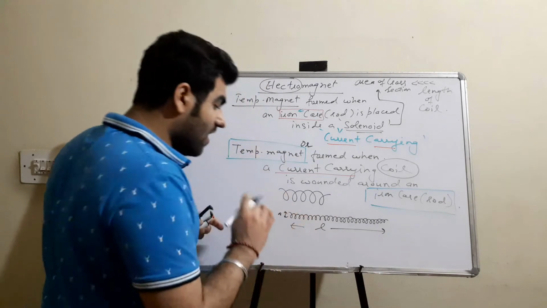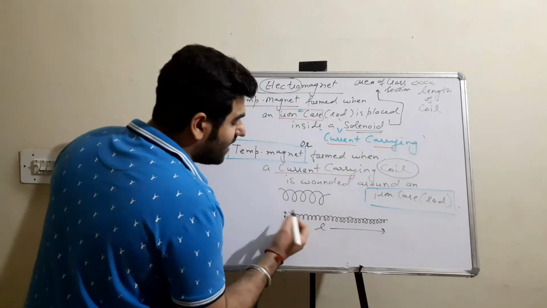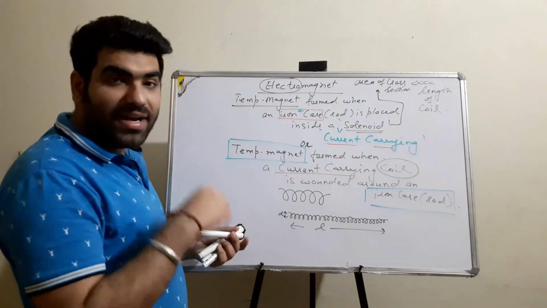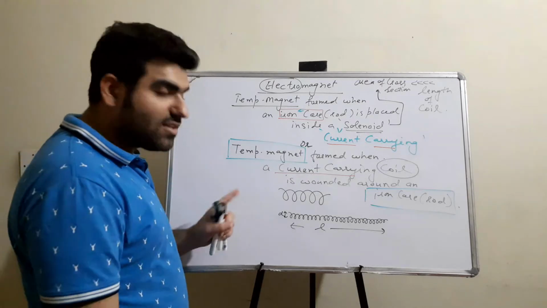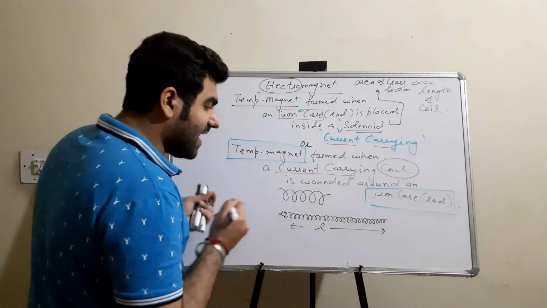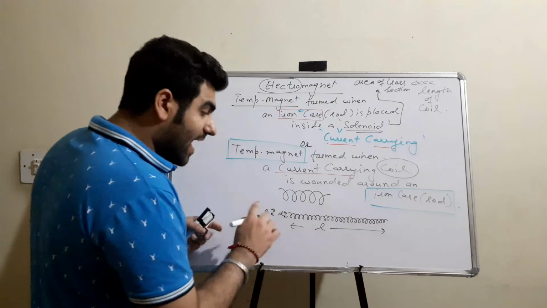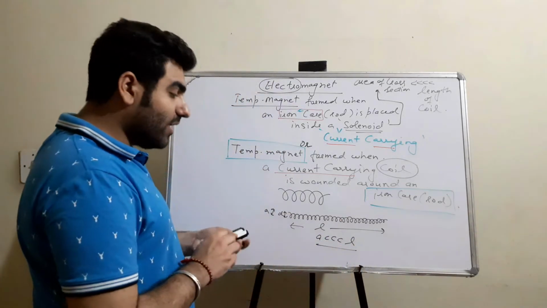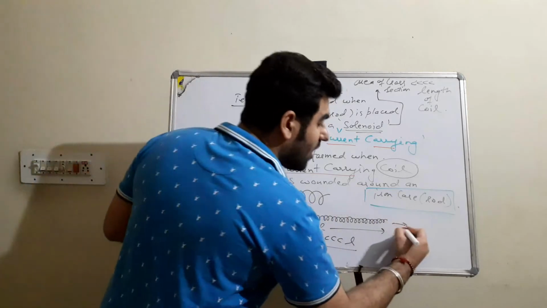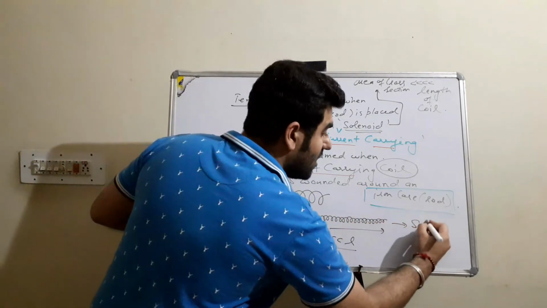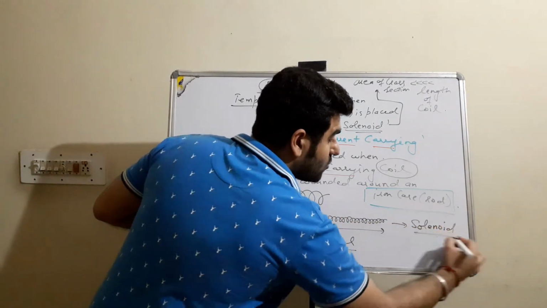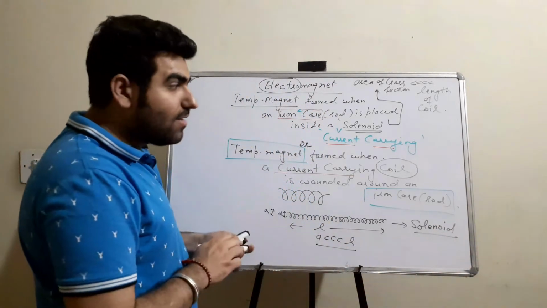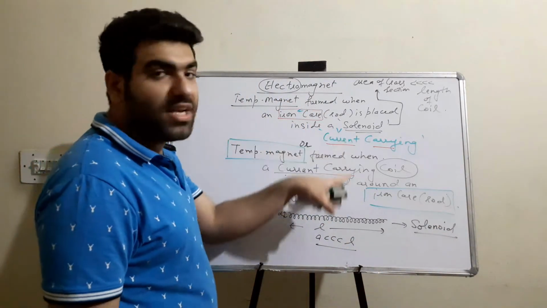This is the area of cross section, or let us say this is the diameter of the coil, and pi d square by 4 will give the area. So we are writing it as diameter or as area. In this case, the area is very, very less than its length. So this is not known as a coil now, it is known as a solenoid. Solenoid is also a coil, but there is a variation in the definition.